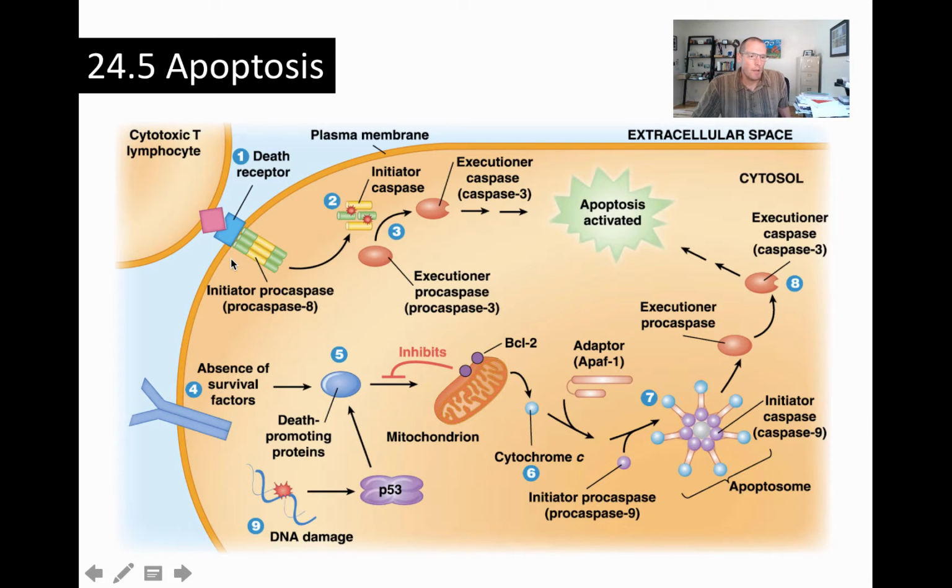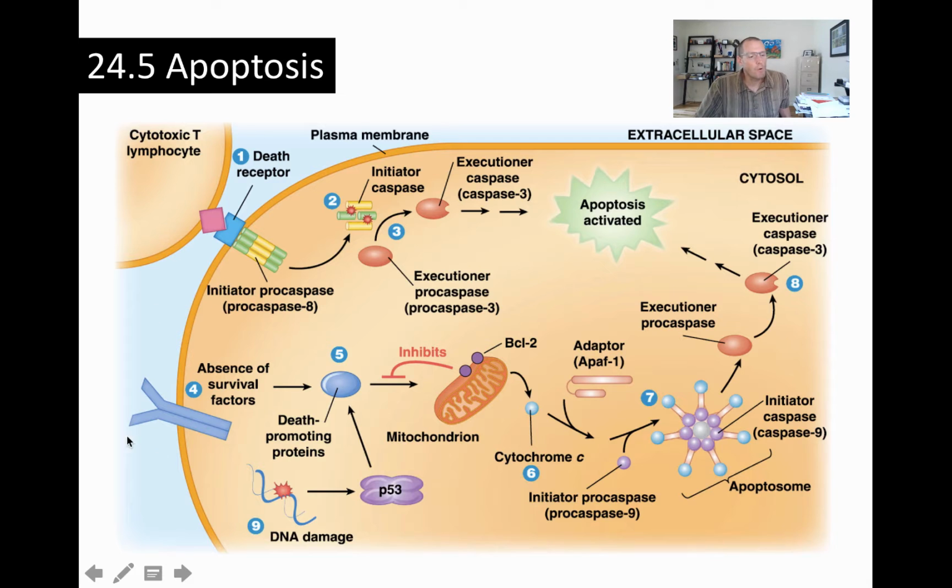Now, looking at the diagram here, there are generally two main routes. One at the top here, where activation of the apoptotic pathway can occur directly. For example, if this cell was infected by a virus, then cytotoxic T cells, these cytotoxic T lymphocytes, can recognize this infected cell, and the activation of death receptors can trigger one pathway up here, and so that's triggered in response to the reception of death signals.